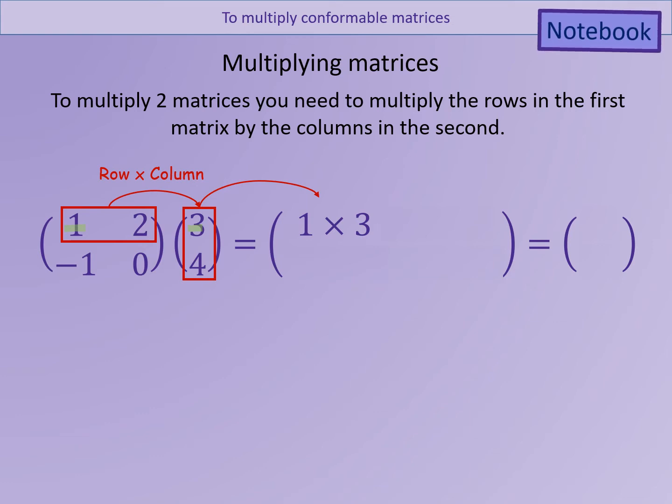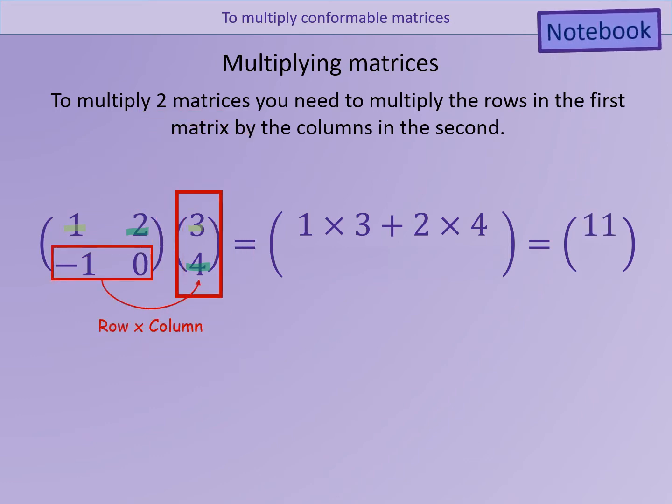We then add on the second element in that row multiplied by the second element in that column. We work out the calculation, 1 times 3 plus 2 times 4, that gives us 11.